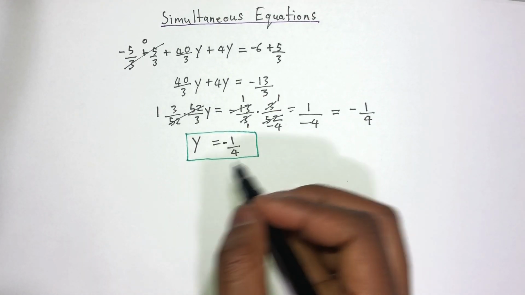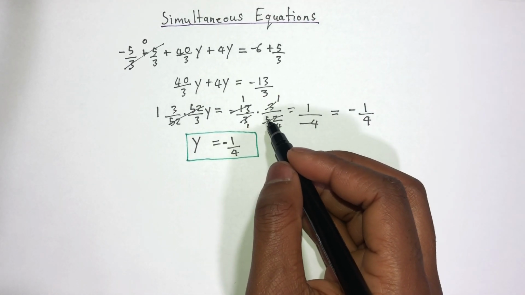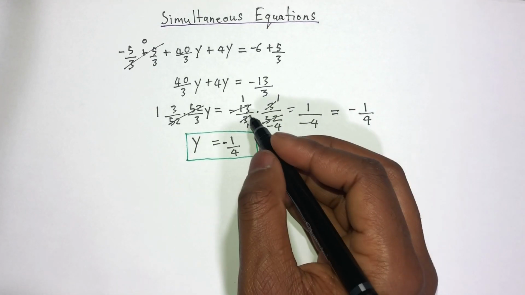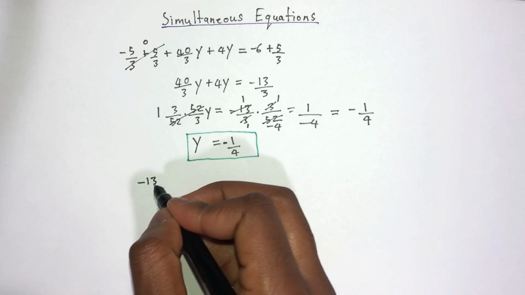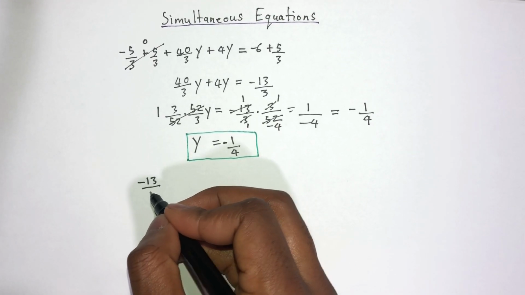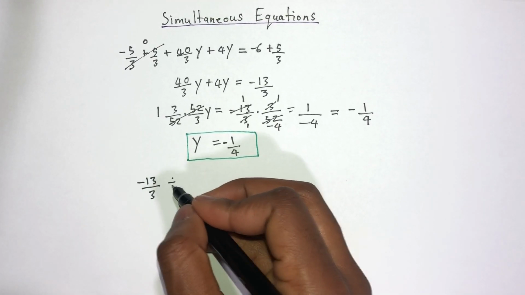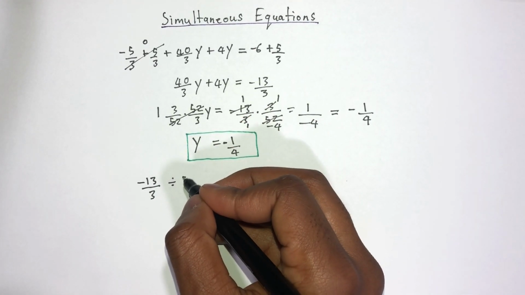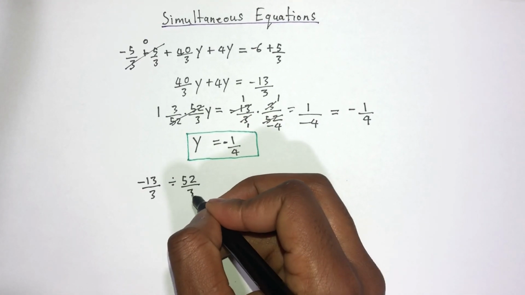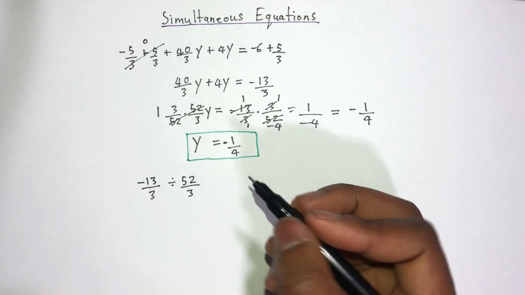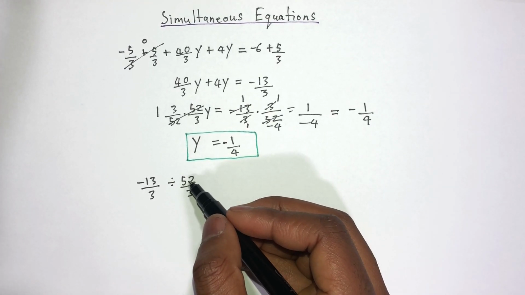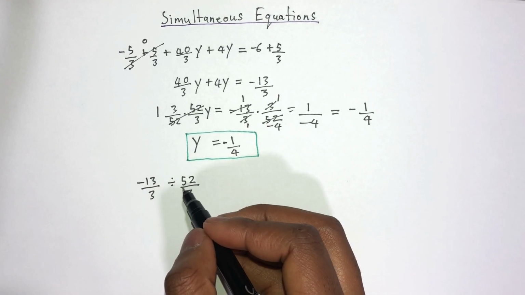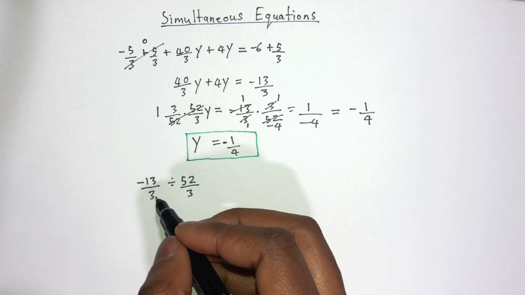Let me give you a brief rundown of what I did here. So here we have negative 13/3 divided by 52/3. When we're dividing fractions, we have to find the reciprocal of the divisor and multiply it by the other fraction.